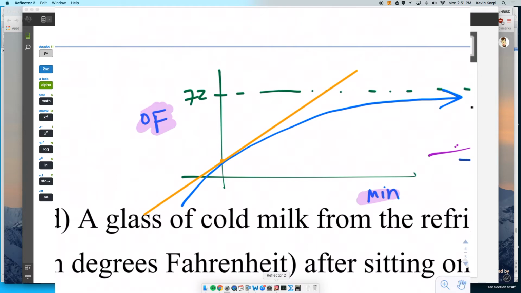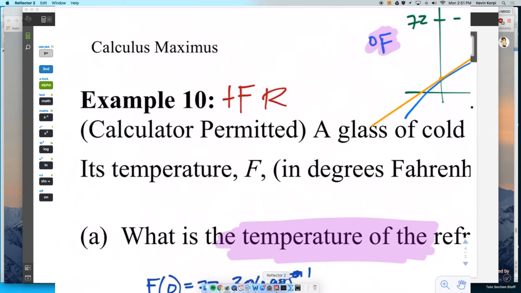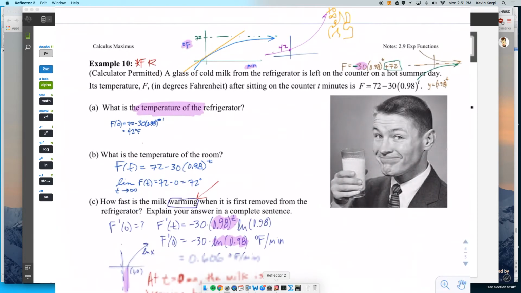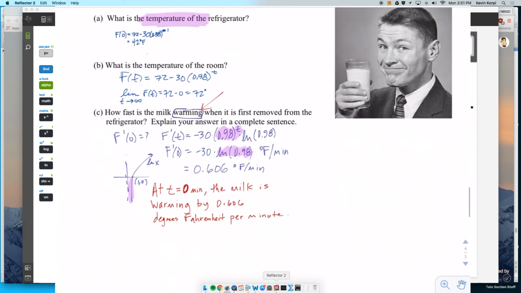Now, one last little thing to this before we move on to the artwork. Let's go back to the beginning here. Now this was a free response question on a portion of the test where you actually did have your calculator. When you get to part C, you could still do it this way and get full credit.